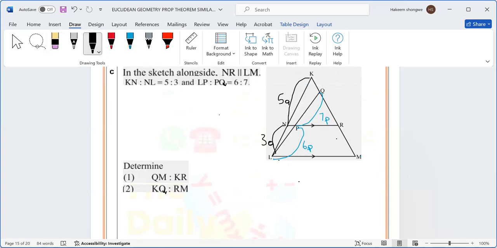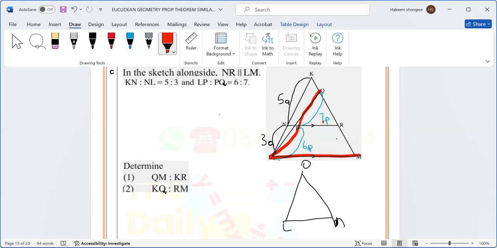Okay, so we have Q, L, M. Should I highlight it so that everyone can see it? Because it's Q, it's L, it's M. You are talking about this triangle? Yes. There's a parallel line there.